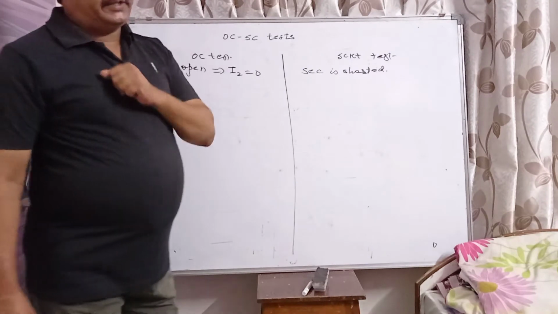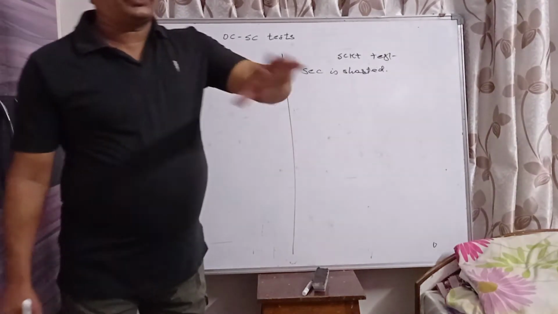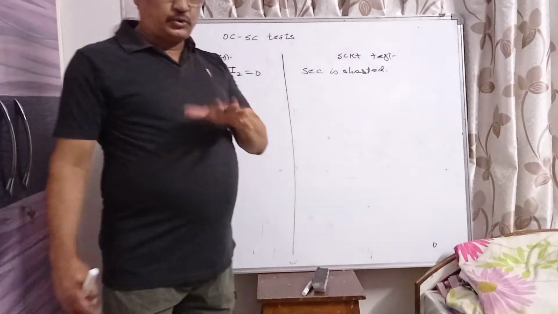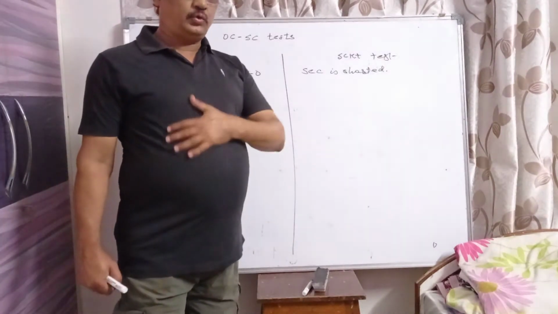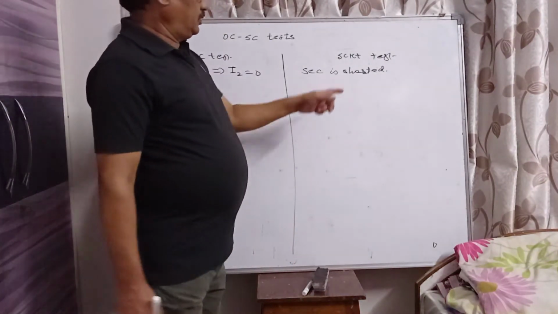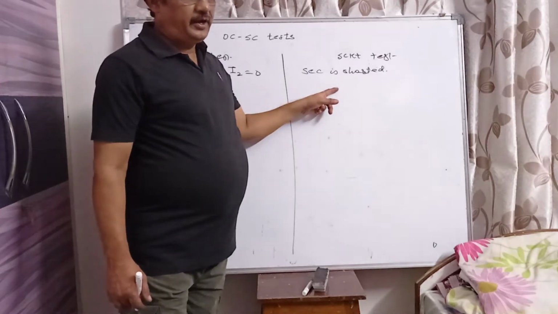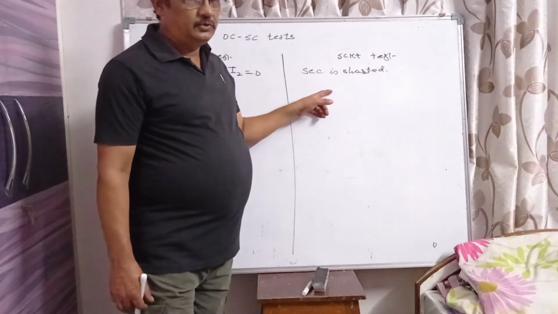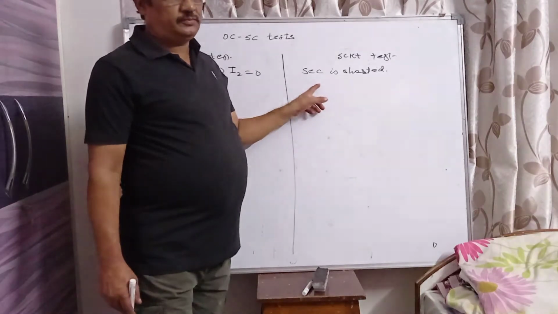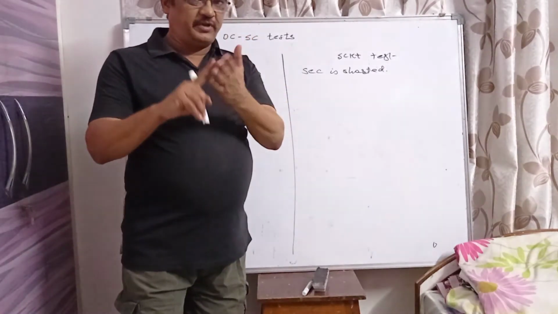Now these two tests are conducted basically to calculate the losses in the transformer. Short circuit: secondary shorted, it will carry current, so current dependent loss. In the previous lecture I explained two losses: constant losses and variable losses.